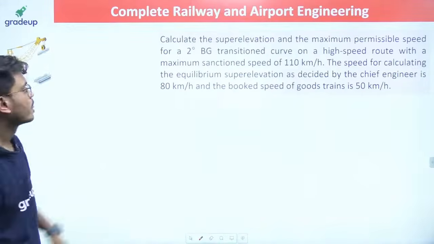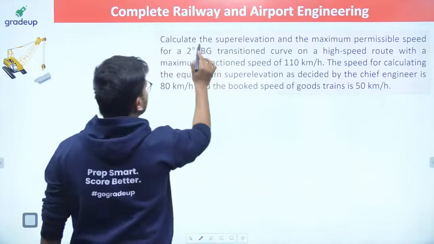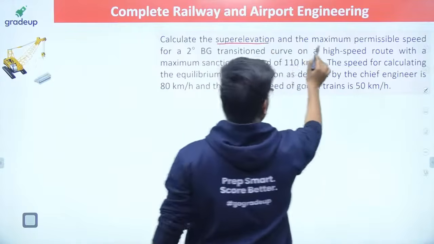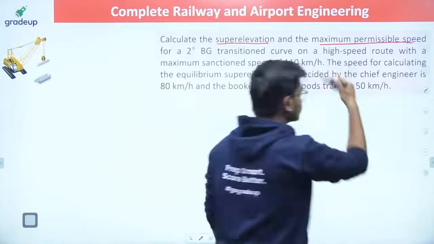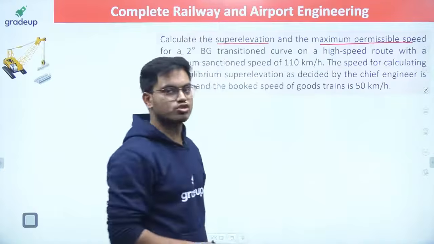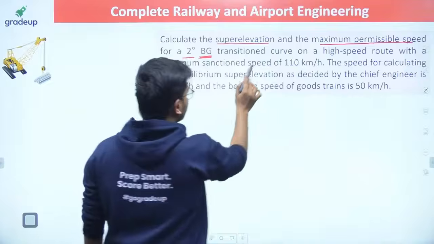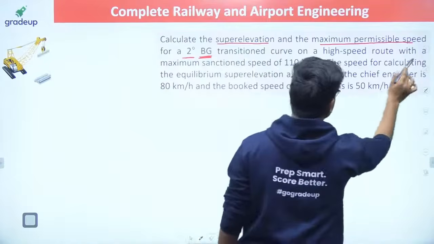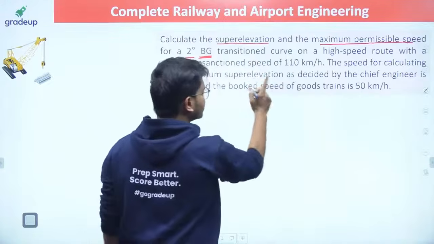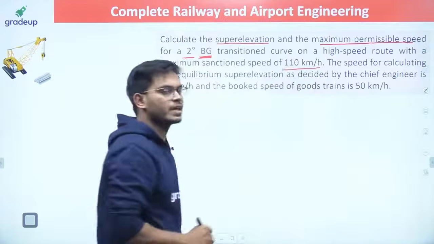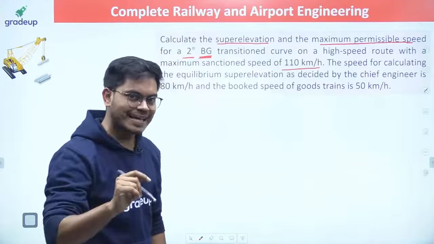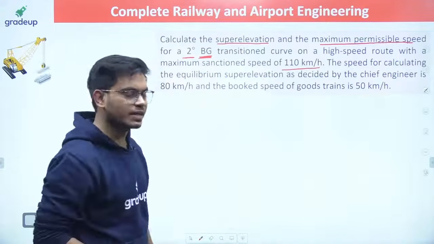Understand guys? See here, calculate the super elevation and the maximum permissible speed, also known as MPS, for a 2-degree broad gauge transition curve on a high speed route with the maximum sanctioned speed of 110 kmph.